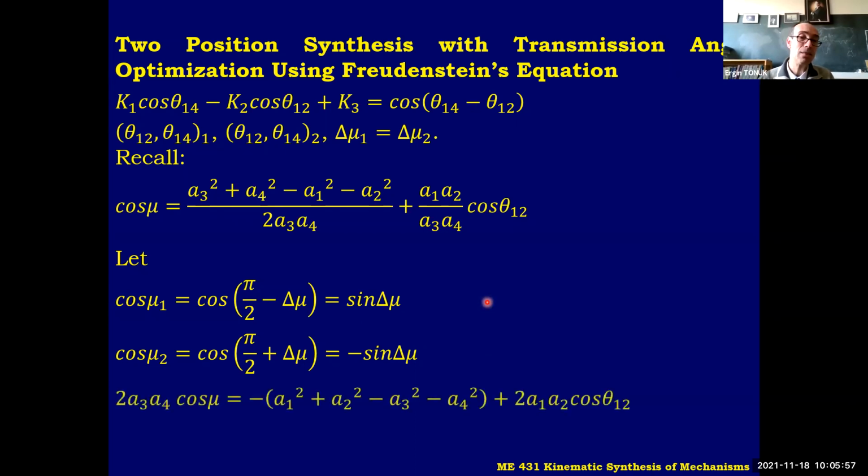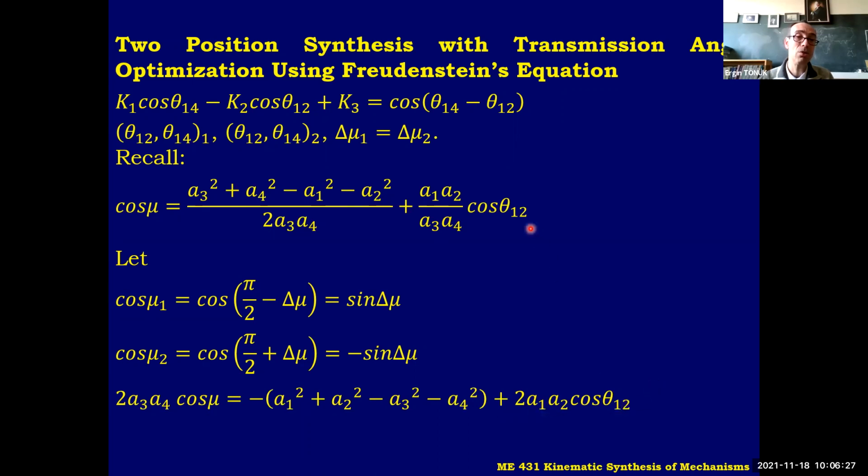So what we have is, if I rearrange this equation slightly, what I'm doing is I'm multiplying this denominator with this. So I have 2a3, a4 cosine mu, the same denominator, this constant term, plus 2a1, a2 cosine theta 1, 2.